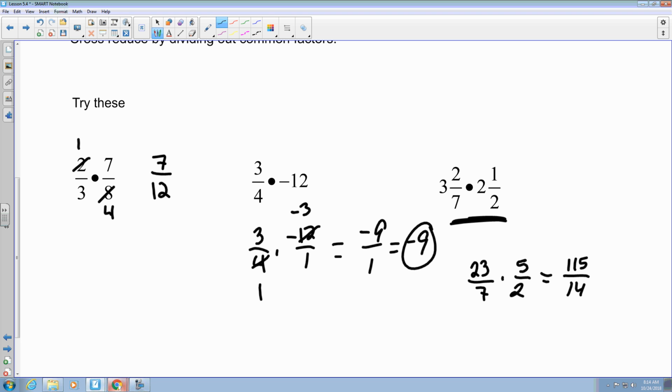And if I wanted to rewrite this as a mixed number, 115 goes into 14 8 times, so I got my 14 here, and then 8 times 14 is 112, so that leaves me with 3. So if you left it as the improper fraction, 115 over 14, fine. If you wrote it as 8 and 3/14, that's great as well.